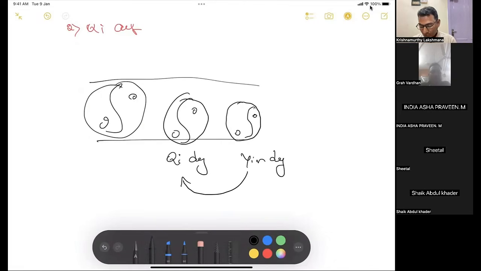And once the person comes to this situation, then we move the patient from this situation to this situation, which is the normal. So it is a backward movement.